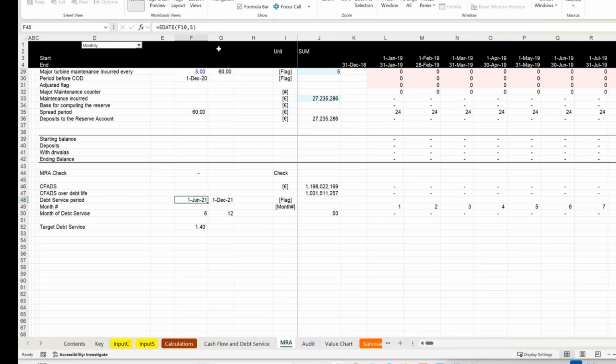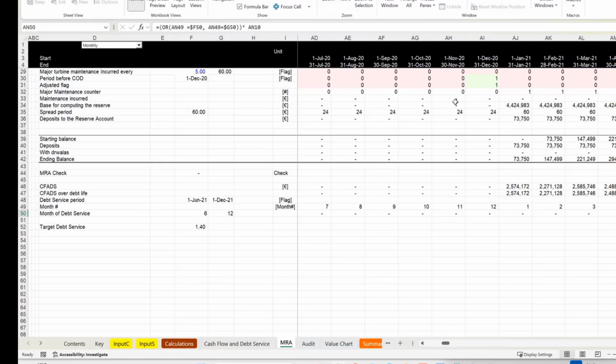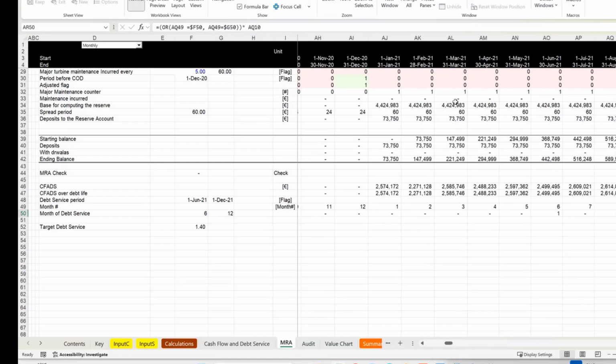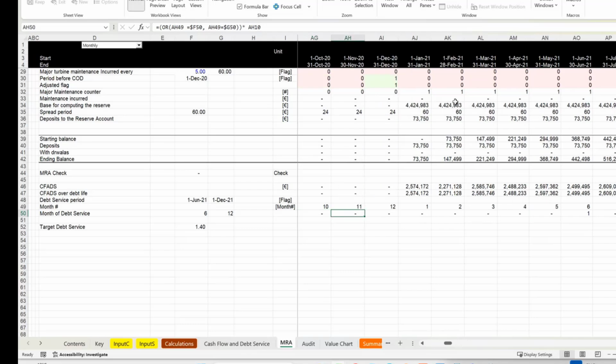Can you go forward to the COD date and see if we've got the right one, so we don't pay it off. Is that 6 months after the COD? Can you just count if that one occurred? No, go back to that first one. Does that occur?